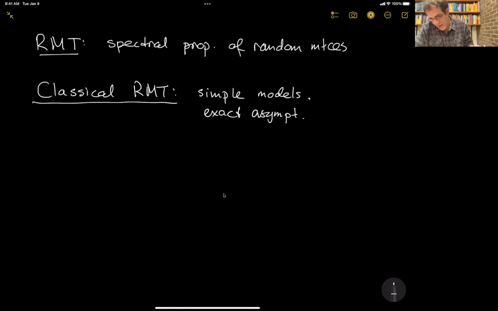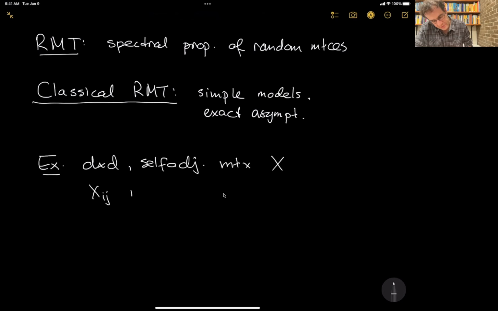So just as an example that we will often think of as a guiding example: if I take a D by D self-adjoint matrix X, whose entries have mean 0 and variance 1 over D, up to symmetry, so X_ij is equal to X_ji, but otherwise are IID.